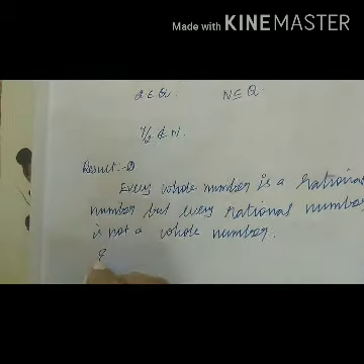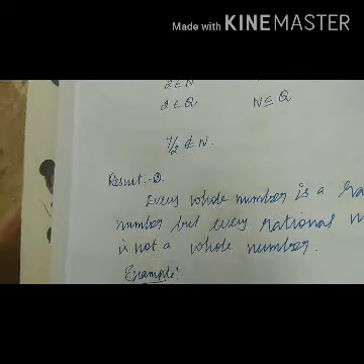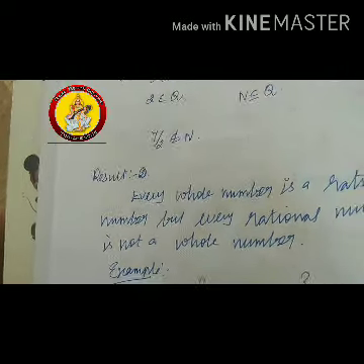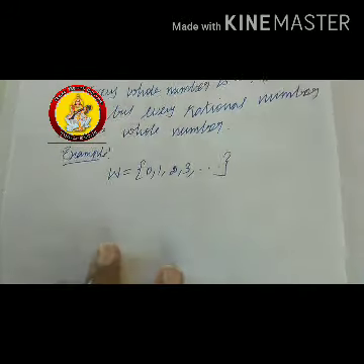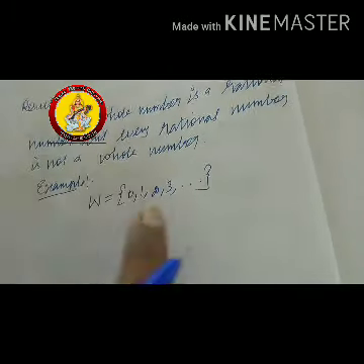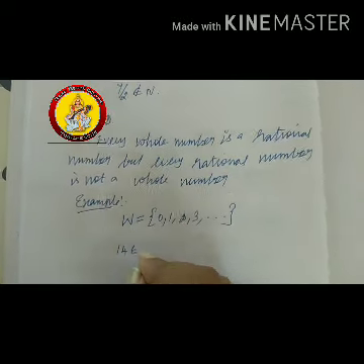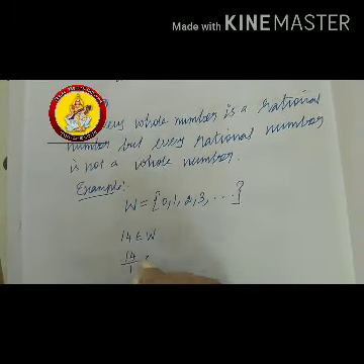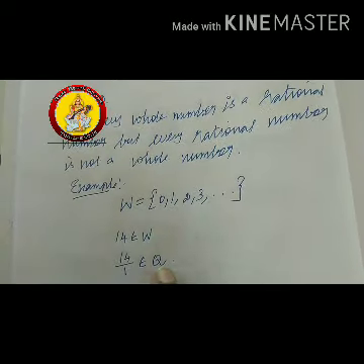Example: whole numbers W start from 0, 1, 2, 3. We have seen 0 is a rational number in the previous example. You can choose any number belonging to W, for example 14 belongs to W. This number can be written as 14 by 1, which belongs to Q. Therefore, the whole number 14 is also a rational number.